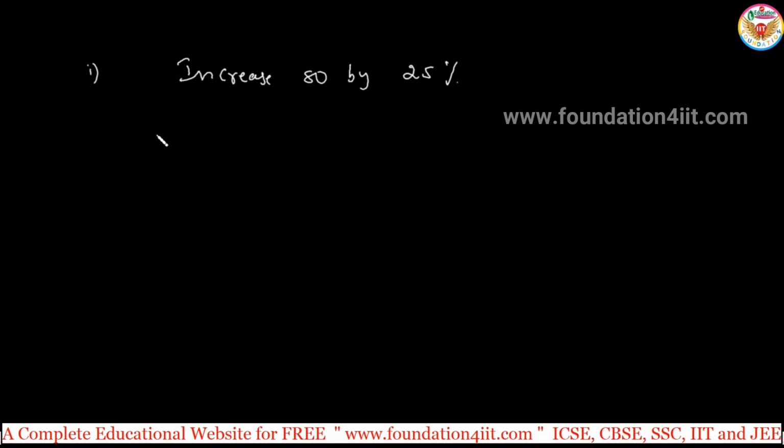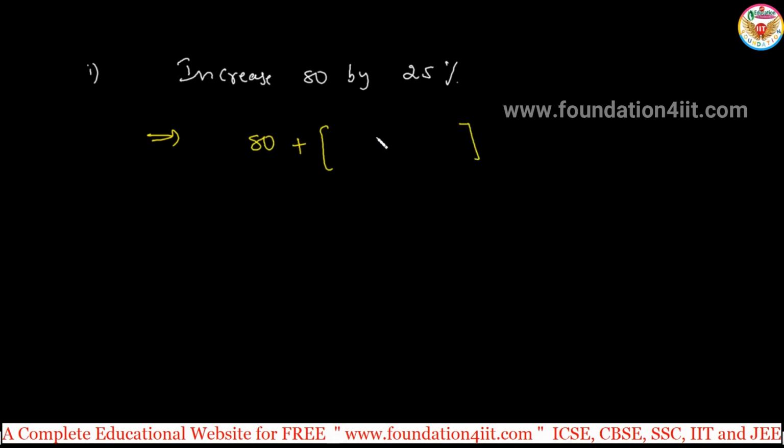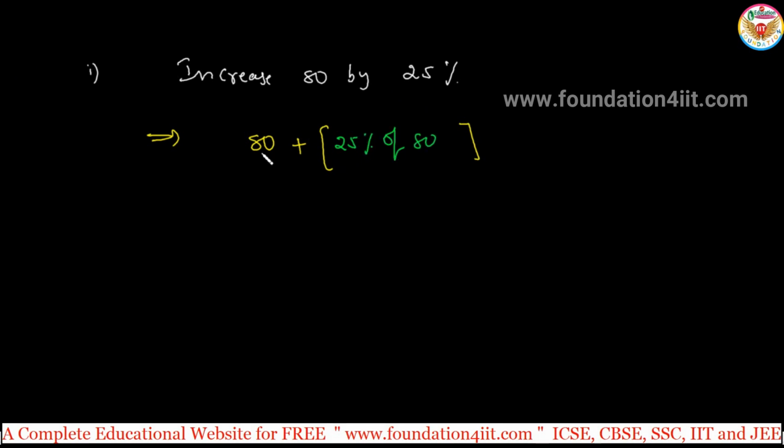Again, mostly in these problems, you can notice some questions like, for example, increase or decrease. Increase 80 by 25%. It is one number that should increase by 25%. That means the original number is 80. To do these calculations, 80 is the number. Next, what I must do here is increase 80 by 25%. So 25% of 80 should be added to this 80.